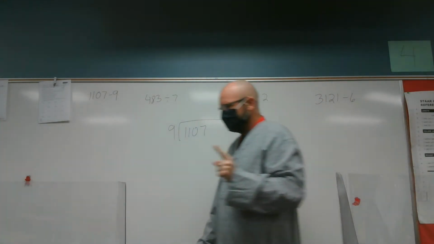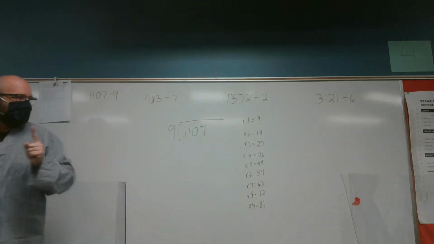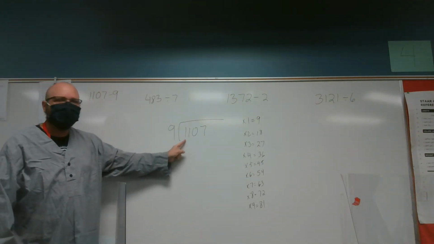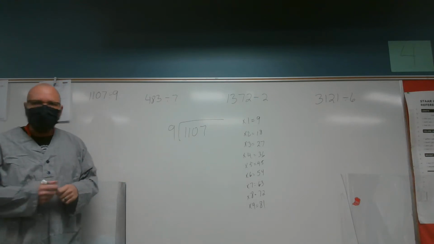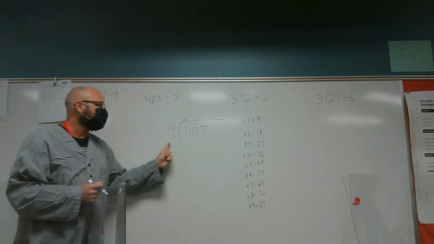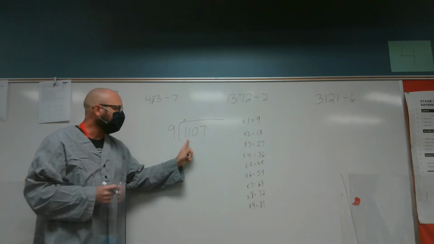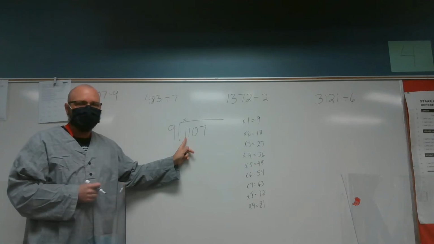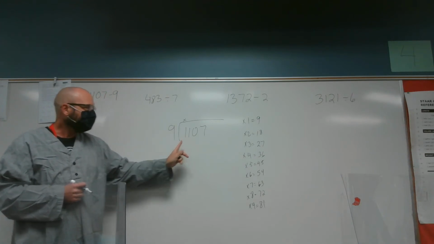So now, I come over to my problem, and I ask myself, does 9 go into 1? No! The only way I know if it goes into it is if it's greater than or equal to my divisor. So 1 is not greater than or equal to my divisor.